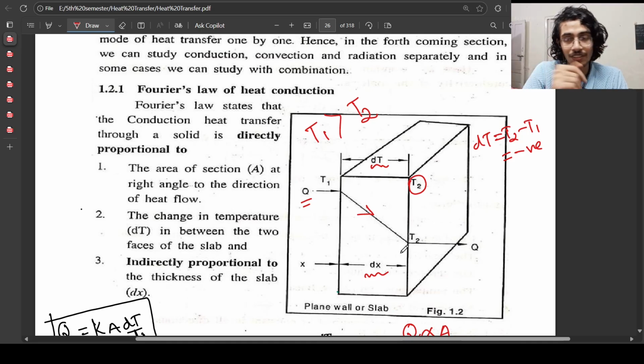That gives us the difference. So this is negative because T2 is less than T1. T1 has a higher temperature because at T1 there is the heat source, or the flow of heat, right? So T1 is greater than T2, that means T2 is less than T1. So that is why the difference of the temperatures, dt, is a negative value.